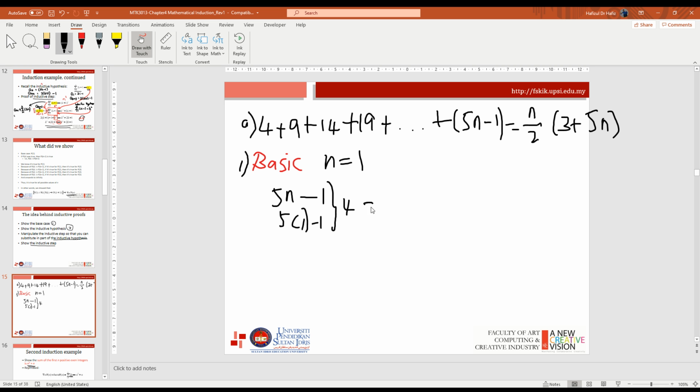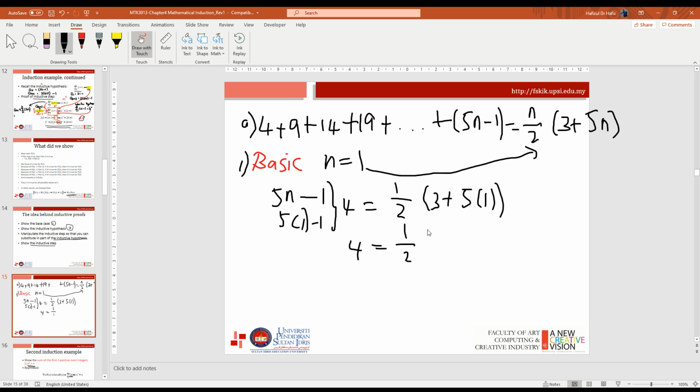Okay, so equivalent to, we replace here also, here. Okay, 1 divided by 2 times 3 plus 5, 1. Okay, so we got 5 is equivalent to 1, 8.